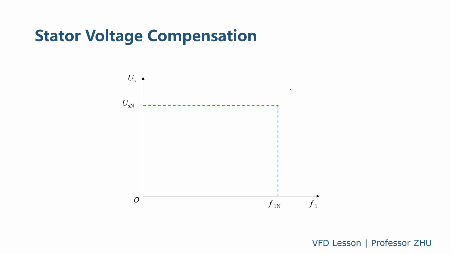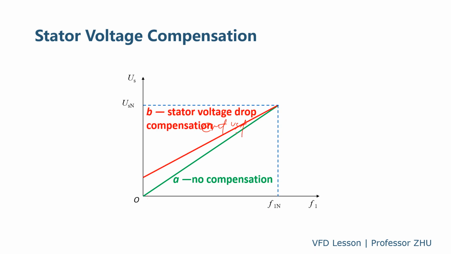As we said before, for the stator, this is the relationship between the EMF and the frequency. In the low speed area, because of the stator voltage drop, in order to keep the motor flux constant, we need to compensate for the voltage drop on the stator.